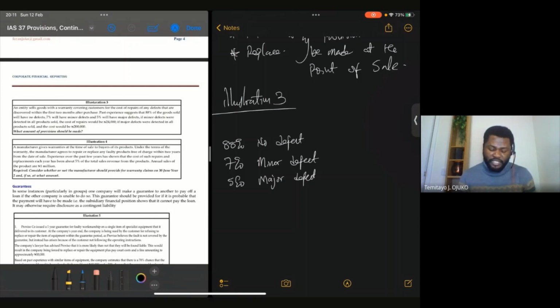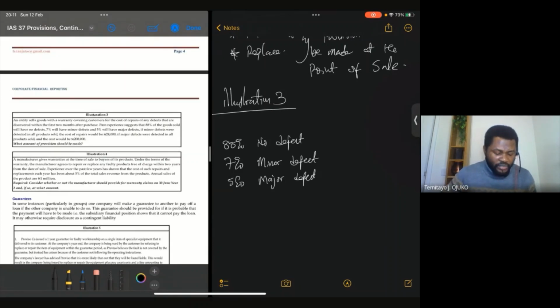If 88% there's no defect, 7% there's a minor defect, and 5% there's what? There's a major defect. Now, it's simple. Let's check the question again. A particular number of goods should have been sold.